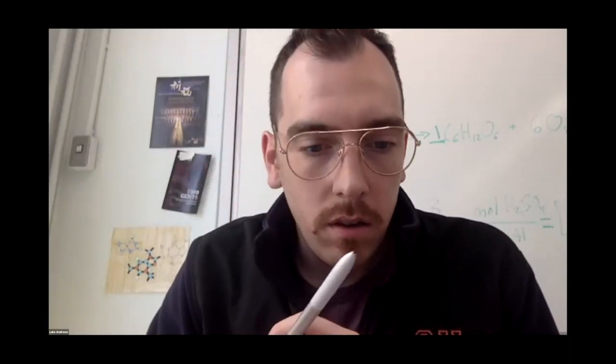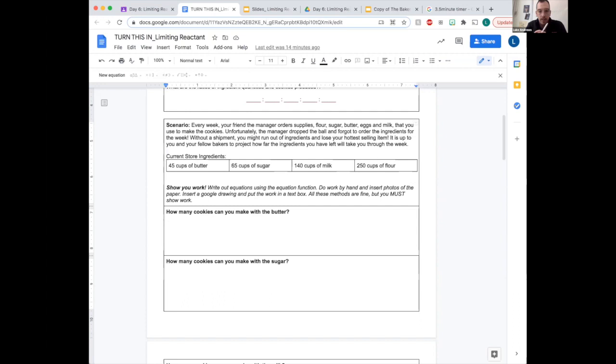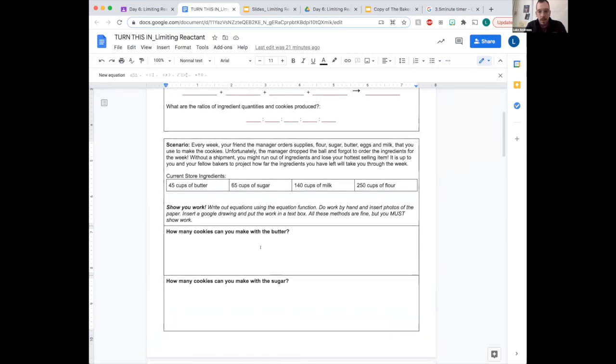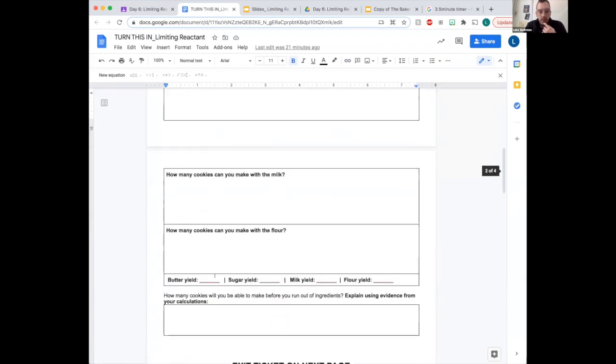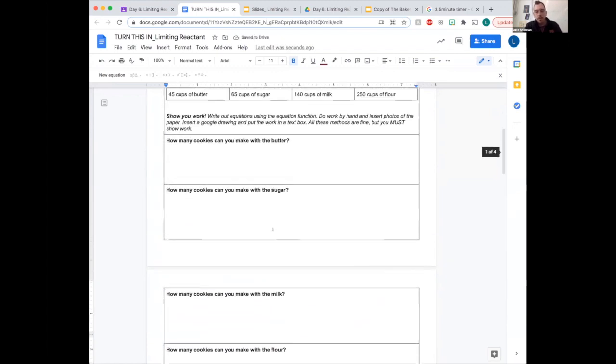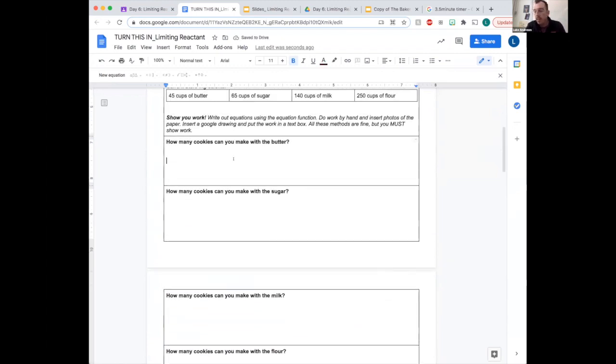So if we go back to our worksheet here, how many cookies could we make with the butter? Well, we made 1,080 cookies with 45 cups of butter. And what I would put in here is I would either take a screenshot from my tablet and insert it. If you are going to work by hand, you could take photos of your work and insert it into your worksheet.